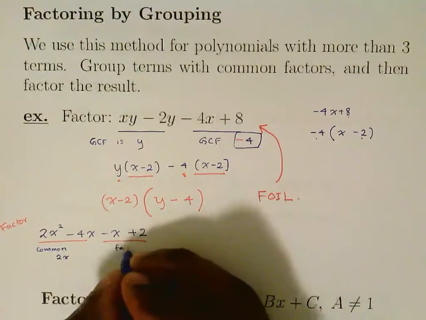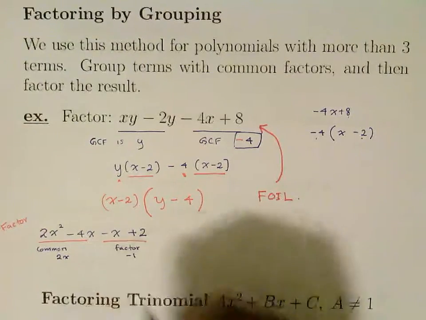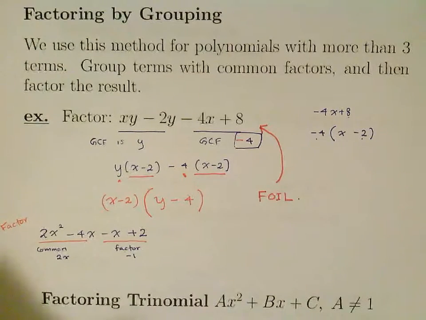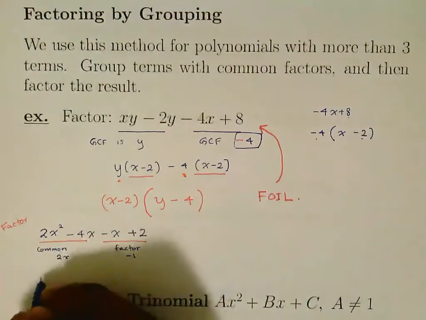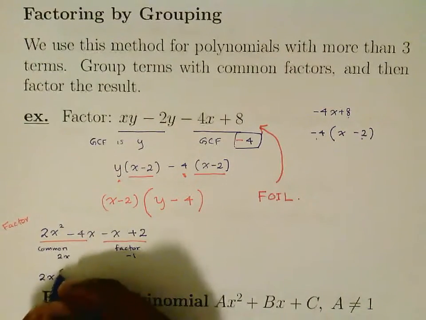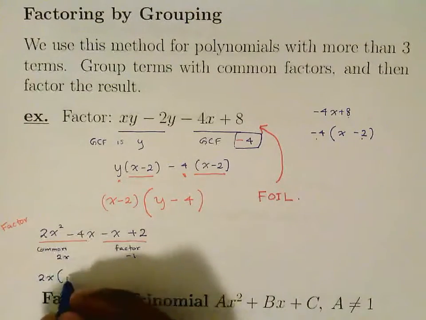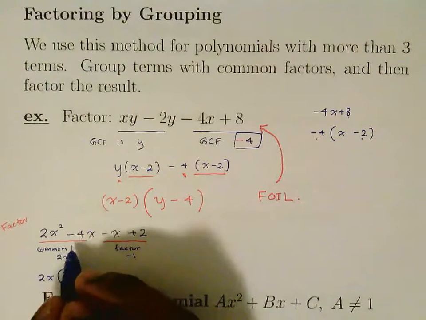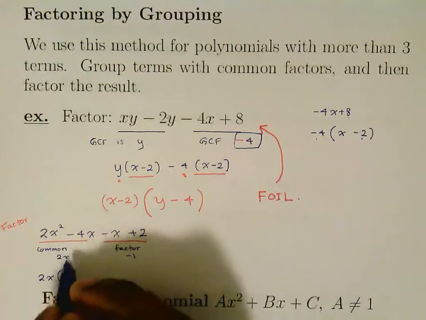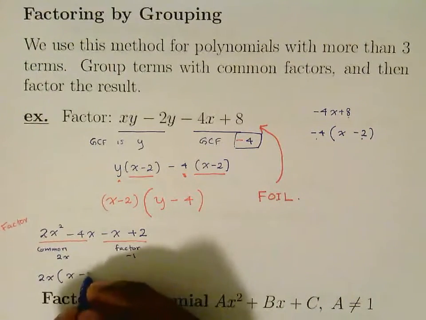So let's say the factor is -1. This is quite easy. You take out 2x. From the first term, there's only 1x remaining. From the second term, you had -4x, you took out 2x, so you just have -2.